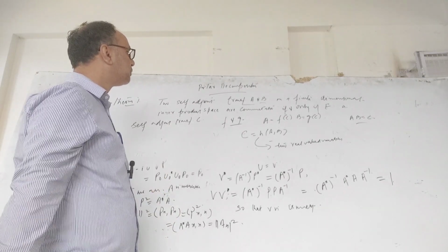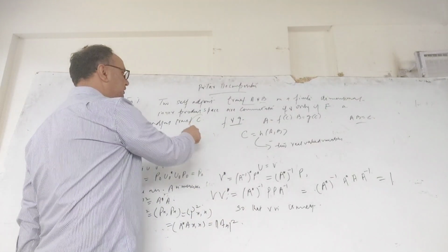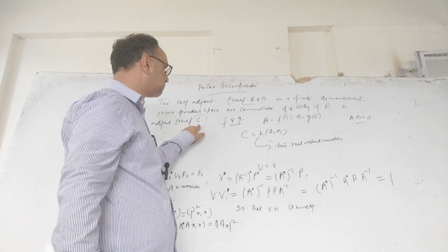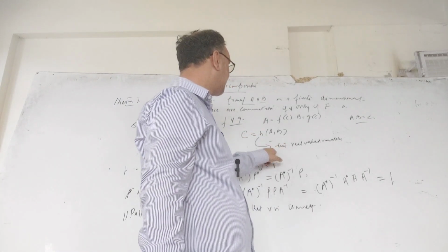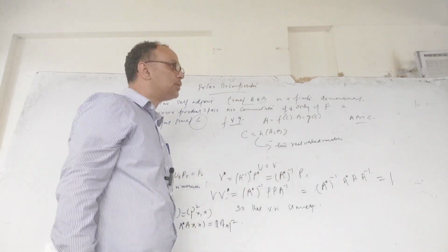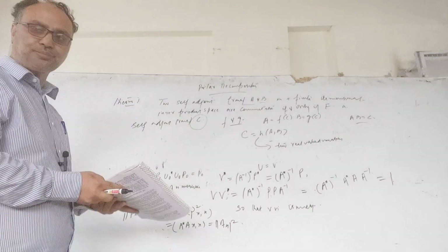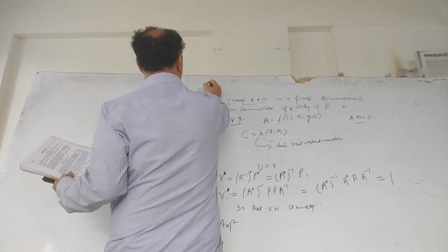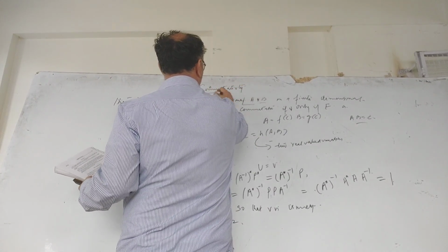So for commutativity to hold, there should exist a self-adjoint transformation C such that C can be expressed as h of A and B, where h is a function of two real valued variables. So how can you show the commutativity? Commutativity is a property that has to be obeyed.